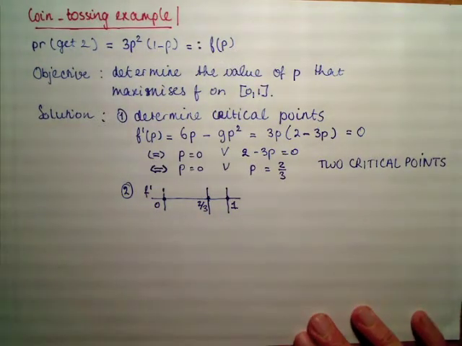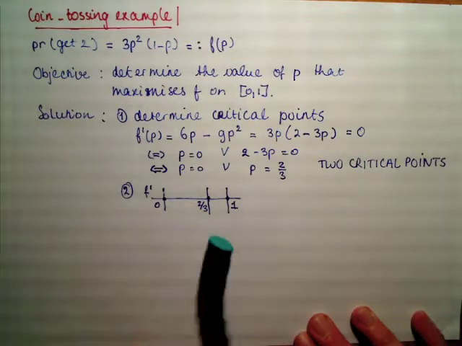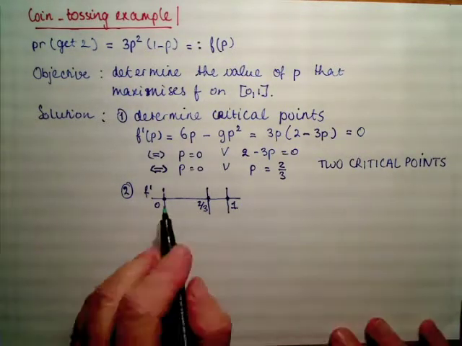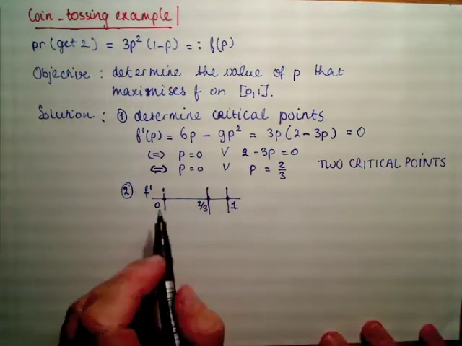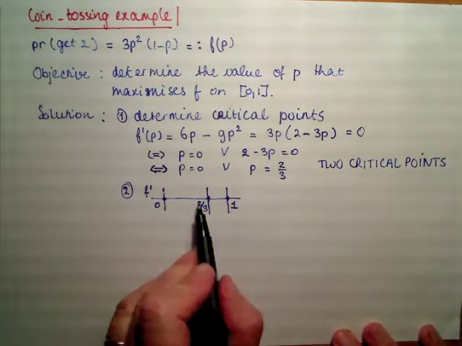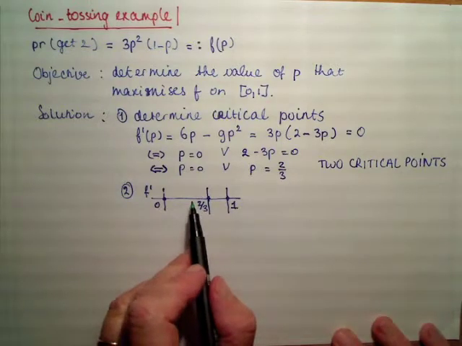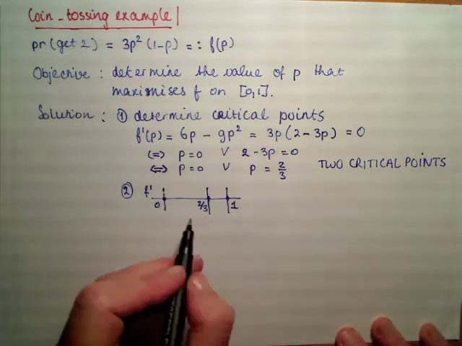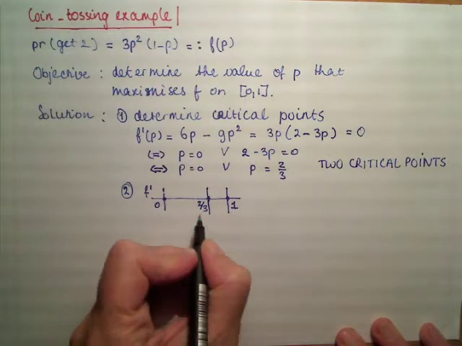Now, what is the sign of the derivative? Well, between 2 of these points, the derivative is everywhere positive or everywhere negative. It cannot jump over 0, so to speak, because it is continuous. So we only need to calculate it at one particular point.